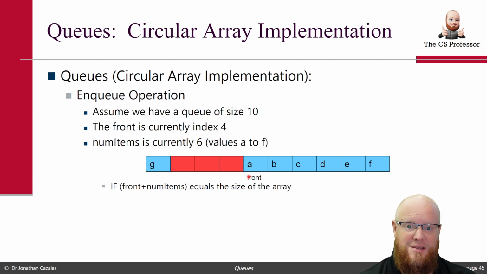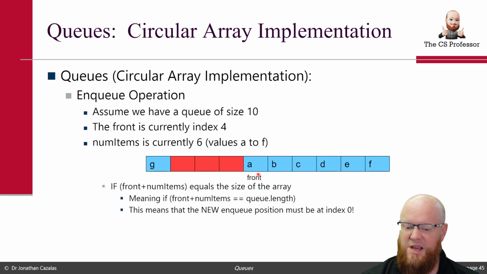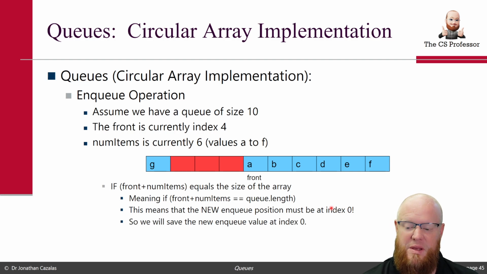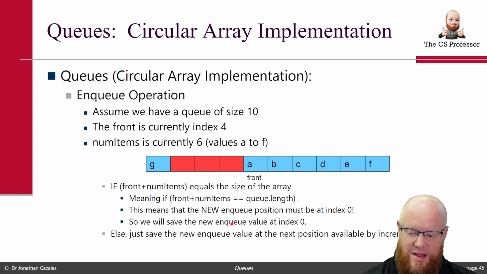If front plus the number of items equals the size of the array, that means that the next item is going to have to go at index 0, which is precisely what we see right here. The new enqueue position must be index 0, and so we will save that new value at index 0.